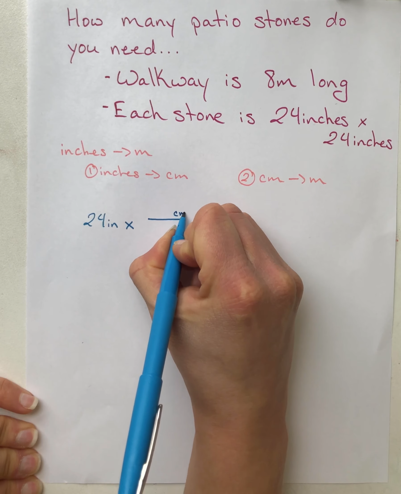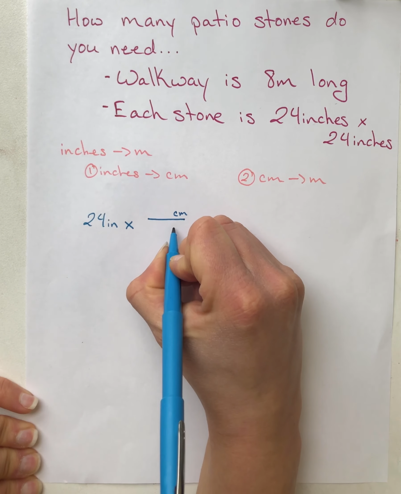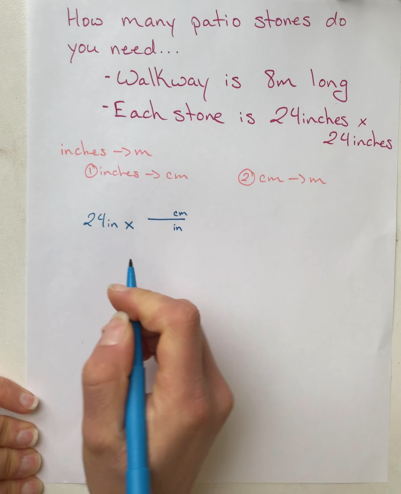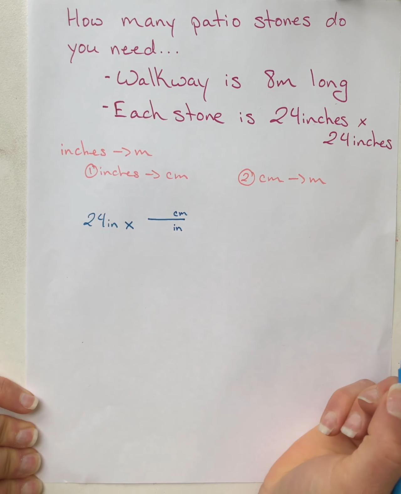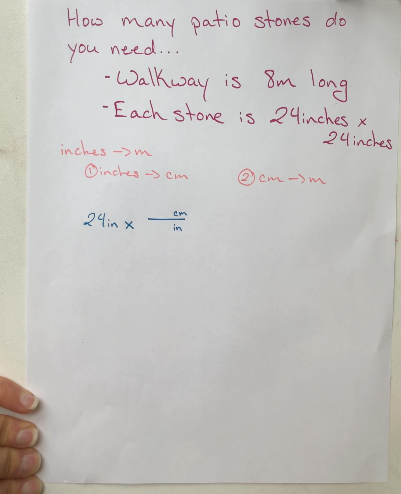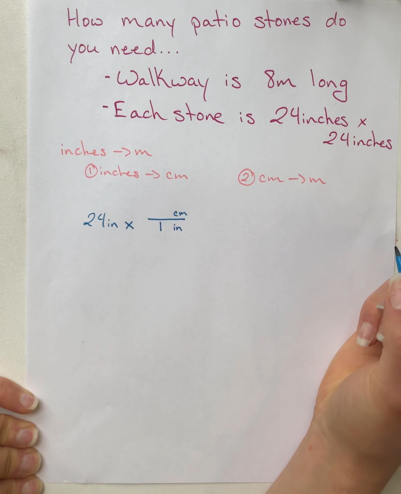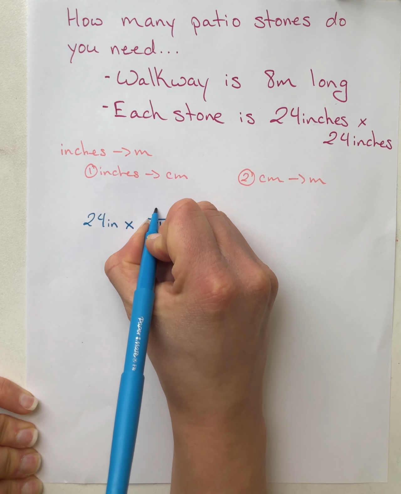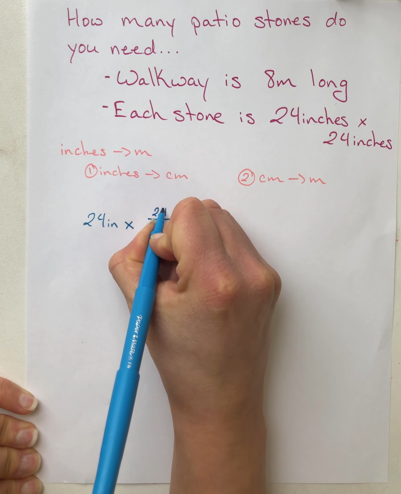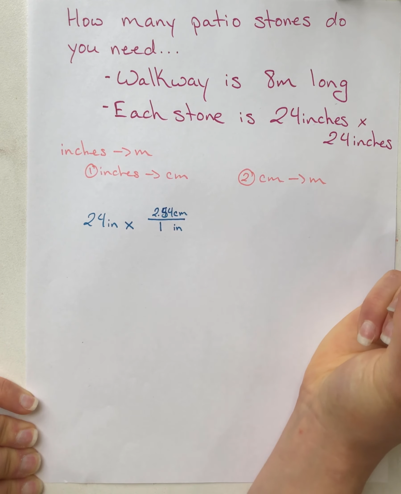I'm converting to centimeters, so I put centimeters on top, and I put inches on the bottom because these have to be the same. If I take a look at my conversion chart, it says that for every 1 inch, there are 2.54 centimeters. So I'm going to put 2.54 centimeters.